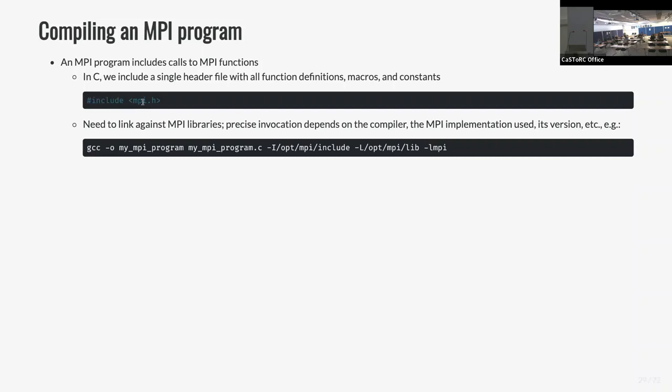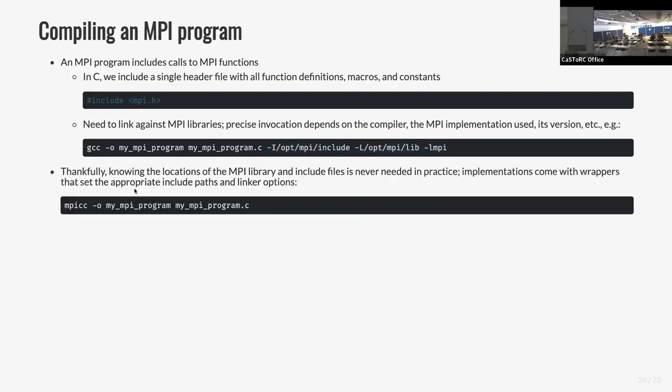In principle, when you compile this MPI program, you need to link in the library, where you include the path to the library so that the functions are found. But thankfully, almost all of the time, you don't need to do this.